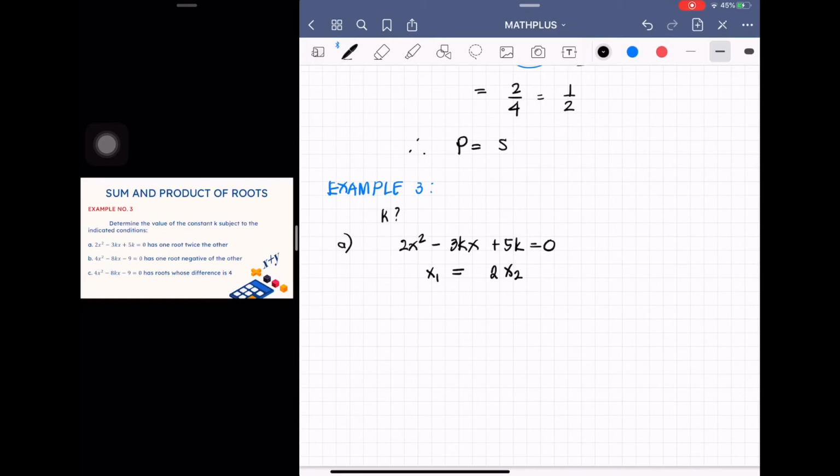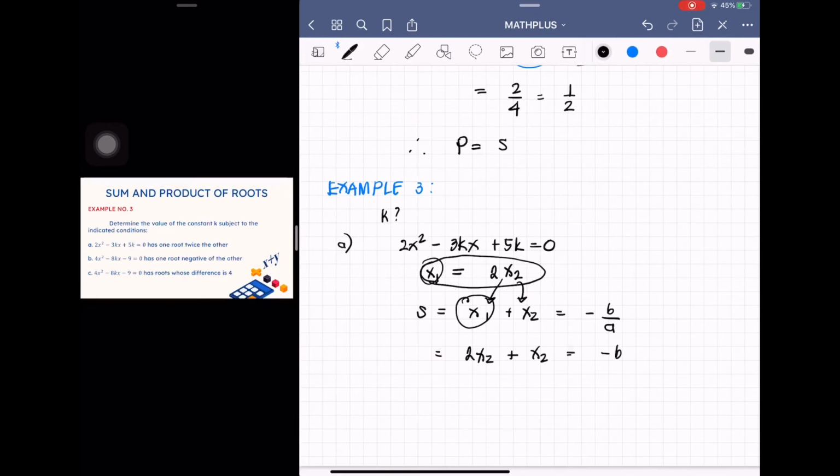So if you use the sum of the roots, it is simply x sub 1 plus x sub 2, and in the equation, that's equivalent to negative b over a. What you're going to do is substitute the condition that one of the roots is twice the other, so x sub 1 will be replaced by 2x2. So you'll get 2x2 plus x sub 2 equivalent to negative b over a.